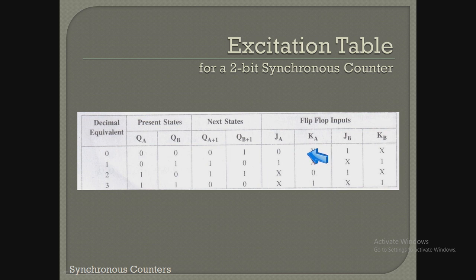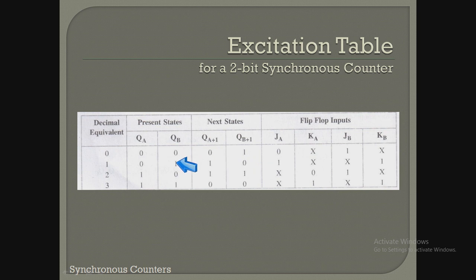So now let's take a similar example once more so that things are more clear to you. This time we move on to the input of B flip-flop, JB and KB. We are focused on having input in this column. So QB is 0 in the present state and we want to make it 1 in the next state.